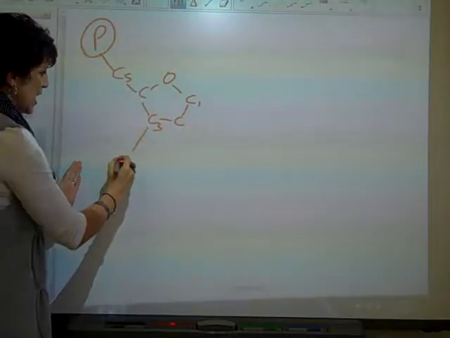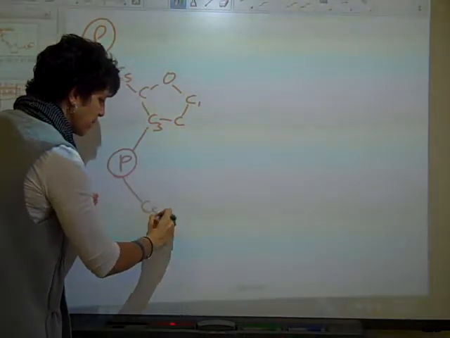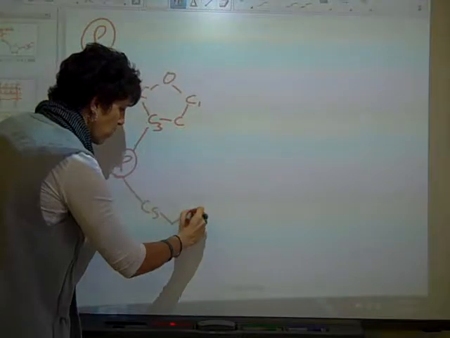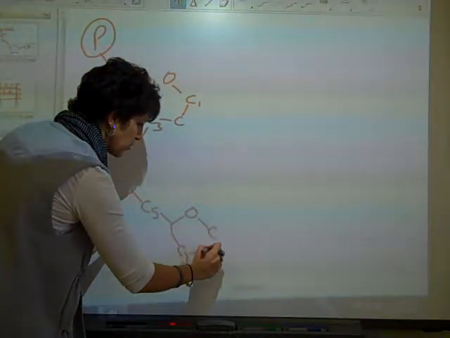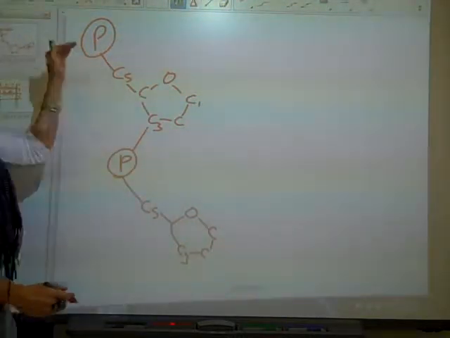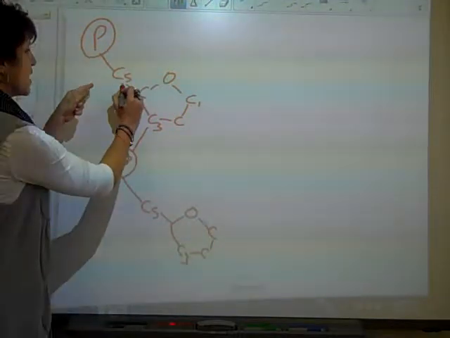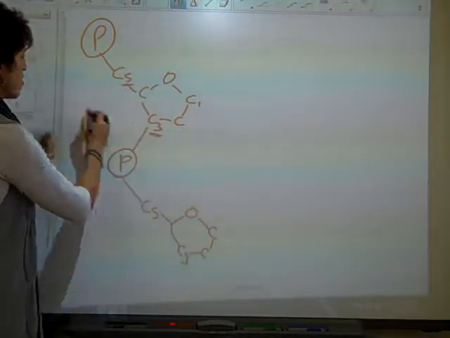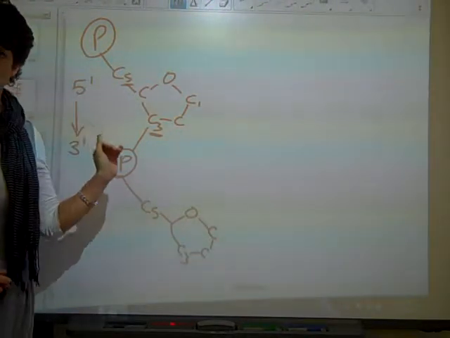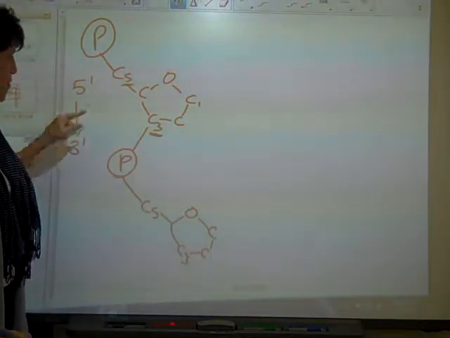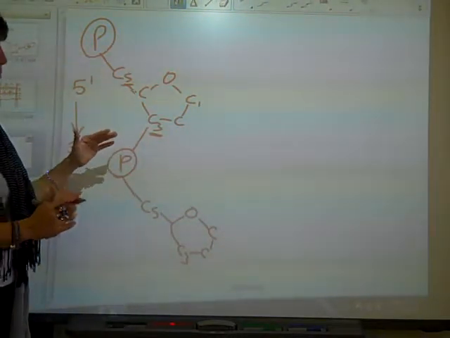This side is, again, connected to a phosphate group, and then another 5-carbon sugar, 4, 3, carbon 2, carbon 1. And it keeps going like that. This side is numbered according to these carbons. So because the 5 is higher than the 3, we call this the 5' to 3' strand. So these numbers, 5 and 3, refer to this carbon and where they are in the molecule.